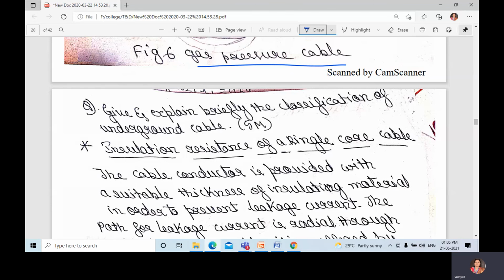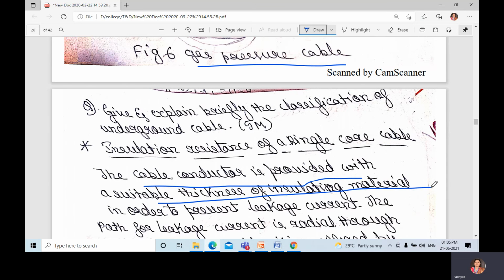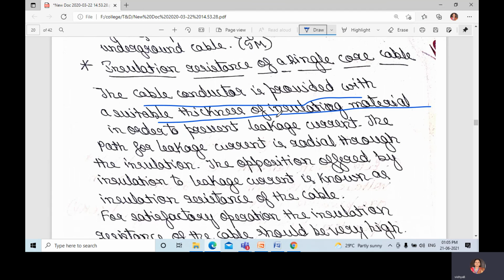Give and explain briefly the classification of underground cable. Insulation resistance of a single core cable. The cable conductor is provided with a suitable thickness of insulating material in order to prevent leakage current. Why is the thickness made? To prevent leakage current.